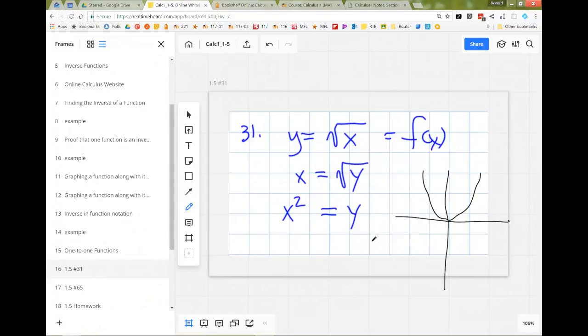And y equals the square root of x looks like this. Let me change colors. Y equals the square root of x looks like this, the principal square root. Why? Because there's no sign in front of that square root sign. That's called a principal square root.